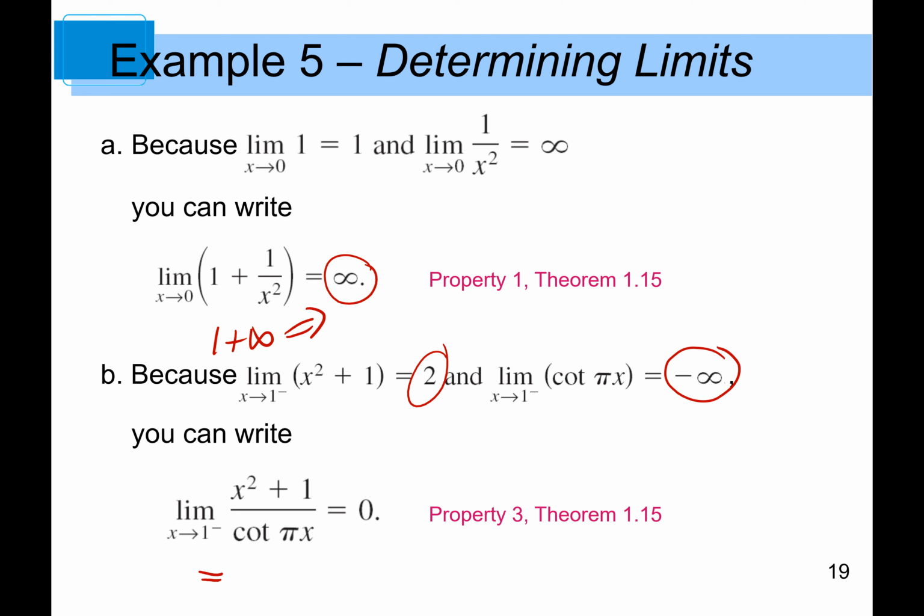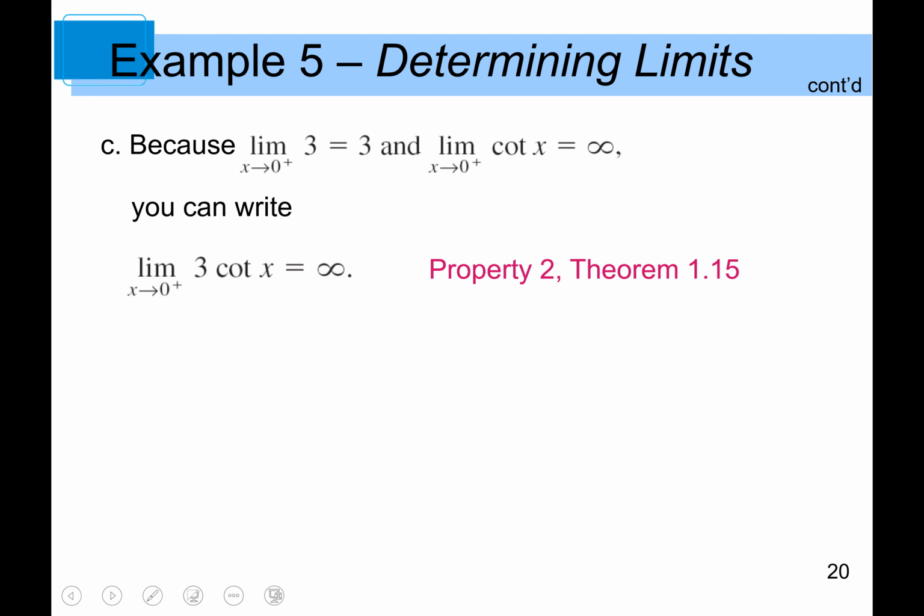This is the same thing as writing 2 over infinity, and that becomes 0, right? Any constant over infinity becomes 0. Because the limit of the constant function 3 as x approaches 0 from the right equals 3, and the limit of cotangent x as x approaches 0 from the right is infinity. When you multiply them, you still end up with infinity.